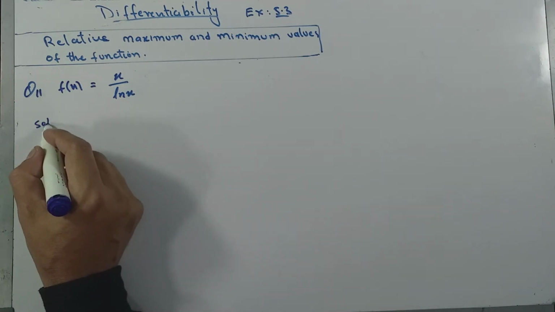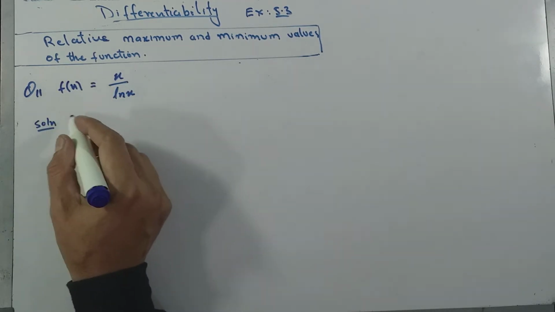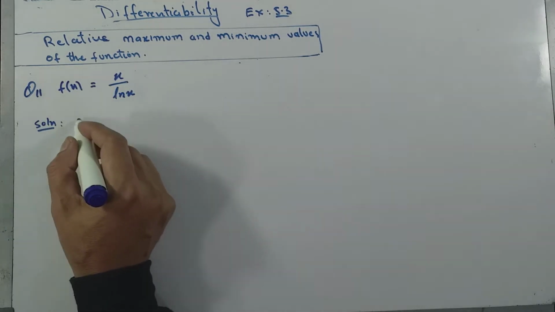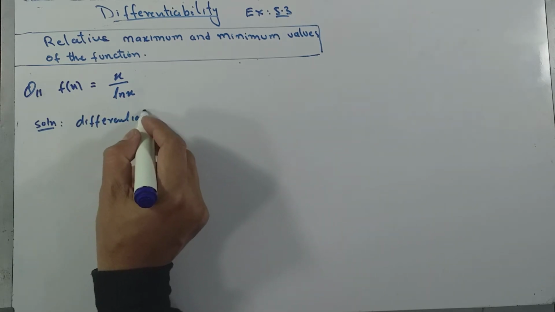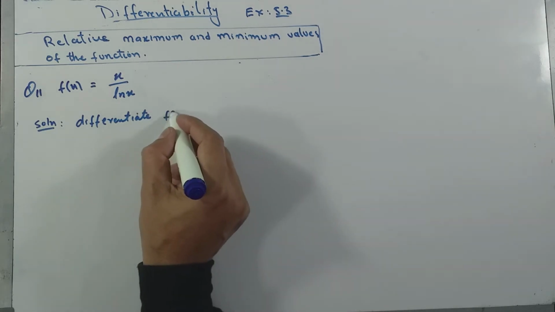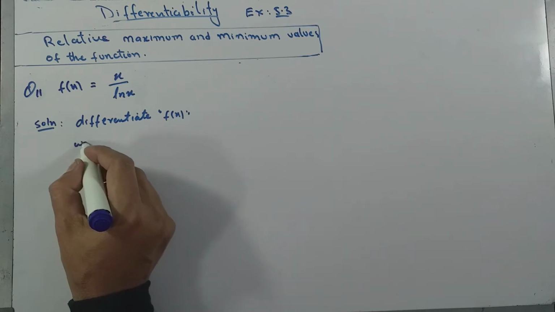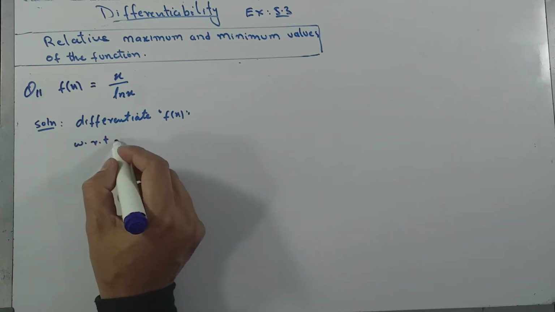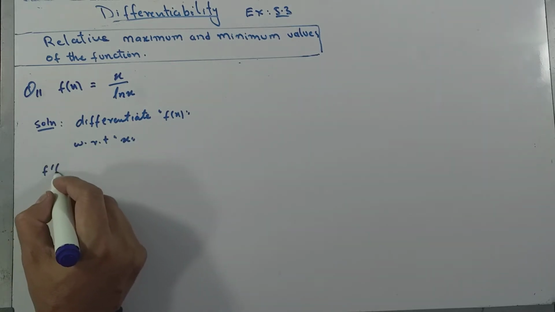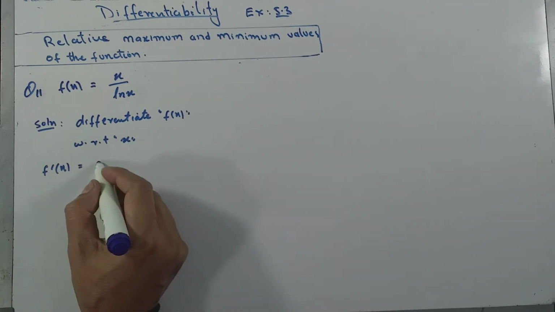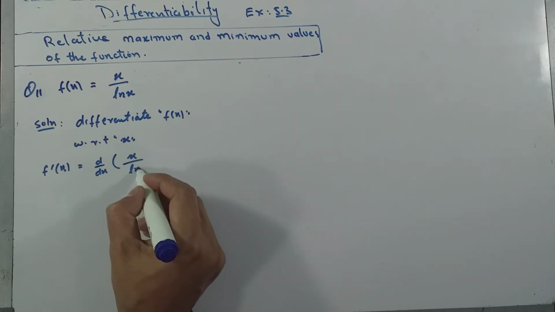So the solution is: differentiate f of x with respect to x. So f derivative of x is d over dx of x upon ln x.